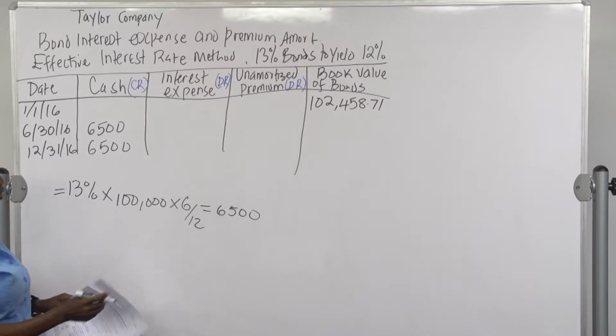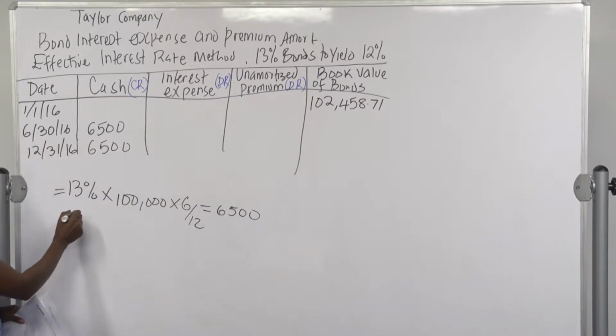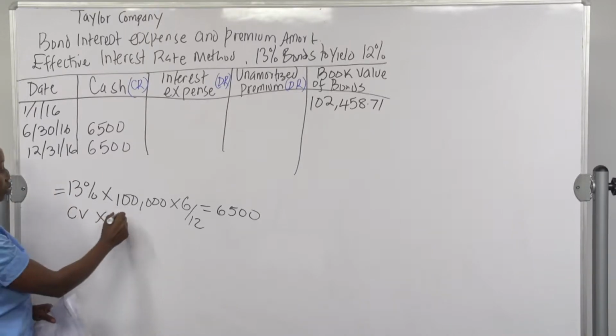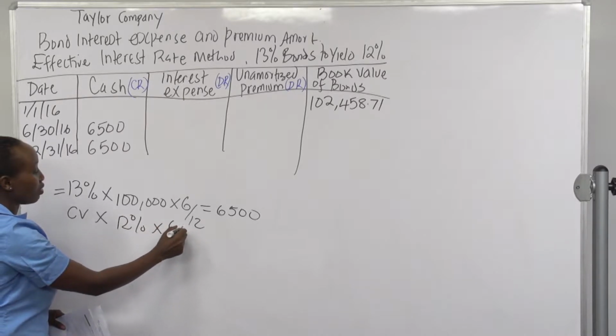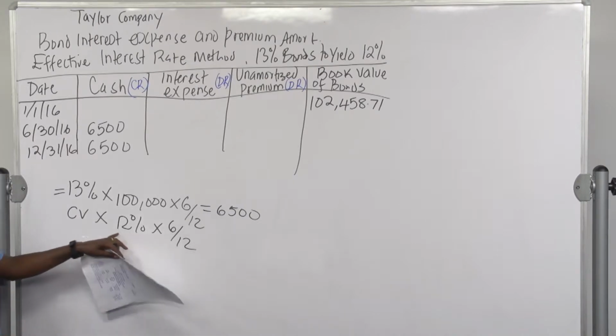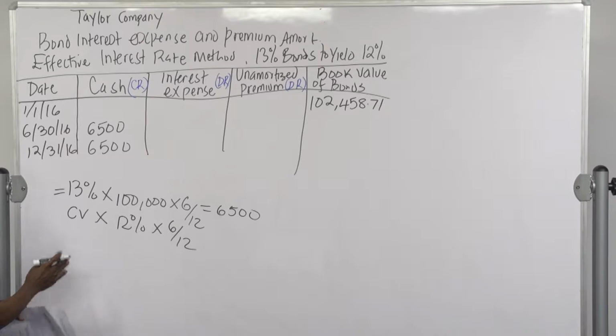For the interest expense, it's the carrying value times the yield rate, 12%, multiplied by 6/12. The formula is the last carrying value times the yield rate times 6/12.